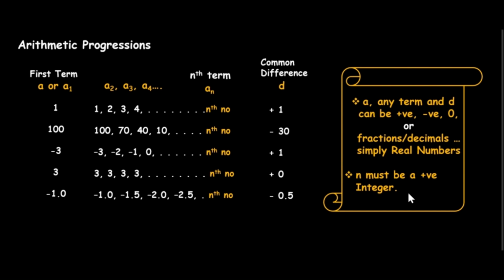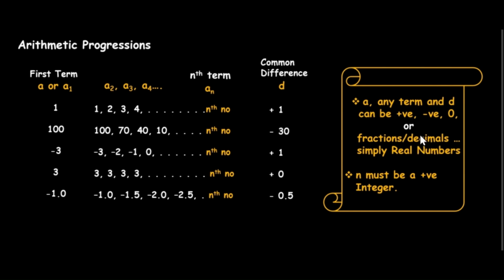This is an important point to remember when we come across questions where we are asked whether a particular number is a part of the arithmetic progression or not. So after calculating, if n comes up as a positive integer, then yes, that number would be a part of the arithmetic progression.